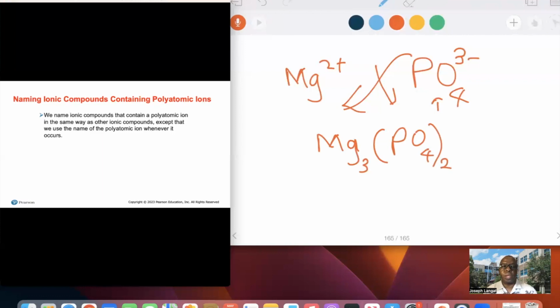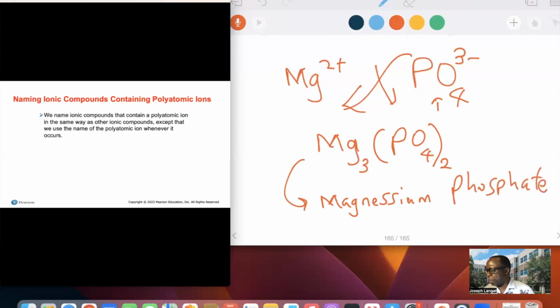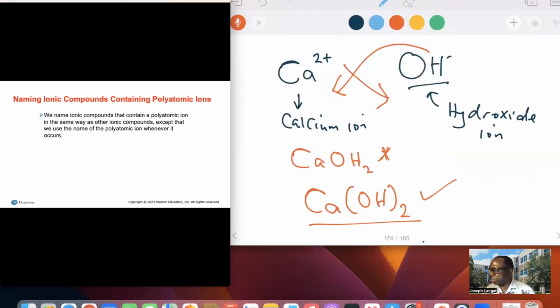That's writing the correct formula. And we name this magnesium phosphate. You have to learn that. And this one right here is calcium hydroxide. So I have calcium hydroxide.